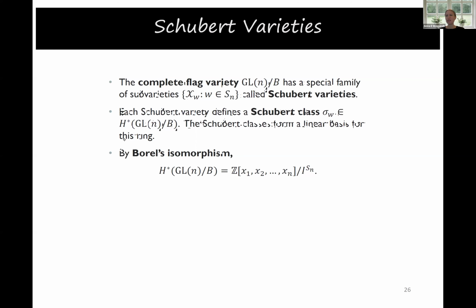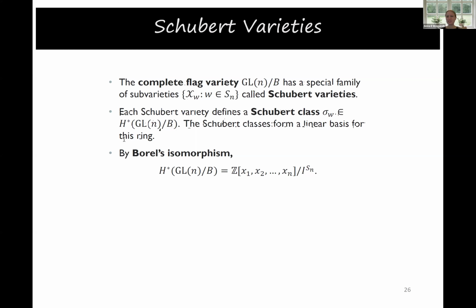Okay, so what does this look like in modern terms? The type of Schubert calculus that I tend to study has to do with the complete flag variety. This is the general linear group modded out by the Borel subgroup of upper triangular matrices, but whatever, it's some geometric space. Inside of this space there are special subvarieties called Schubert varieties.